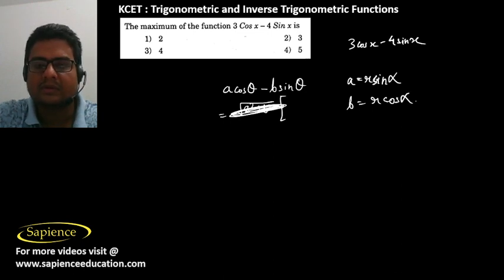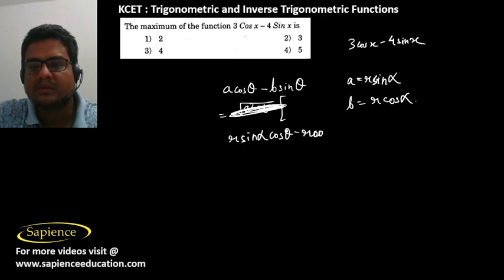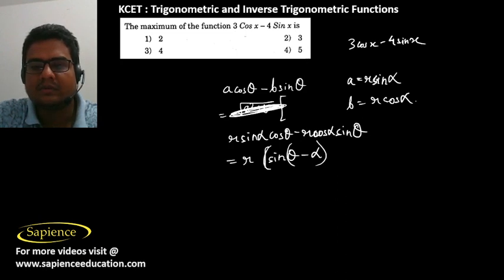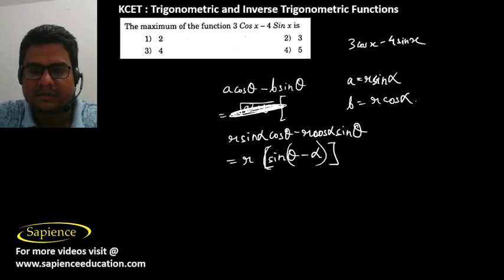Then I can write r sin alpha into cos theta minus r cos alpha into sin theta. So we can write it as r into sin(theta minus alpha), since sin a cos b minus cos a sin b.